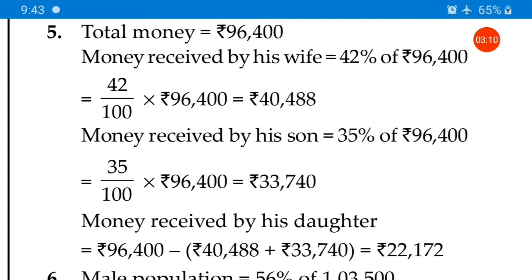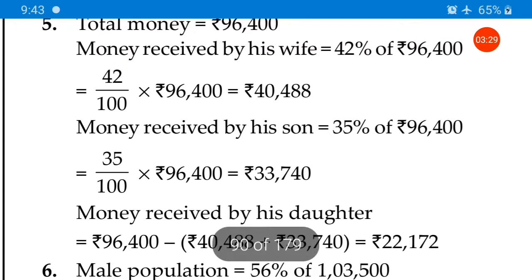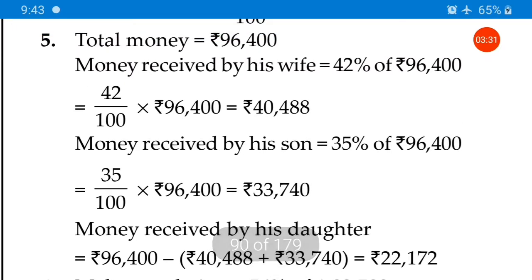So 96,400 minus the sum we get from 40,488 plus 33,740. Ultimately we will get the answer 22,172. That is the amount received by his daughter. So money received by his wife, that is 40,488.